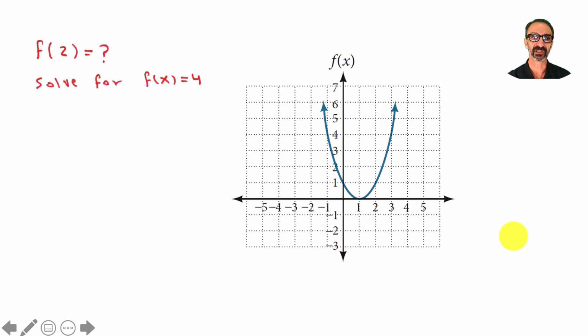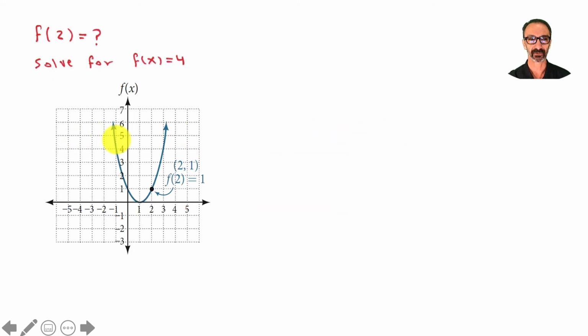f of 2 is question mark, and solve for f of x equals 4. Well, f of 2 is 1. But when the output is 4, I see two locations, one to the right and one to my left. Let's take a look. f of 2 is 1.